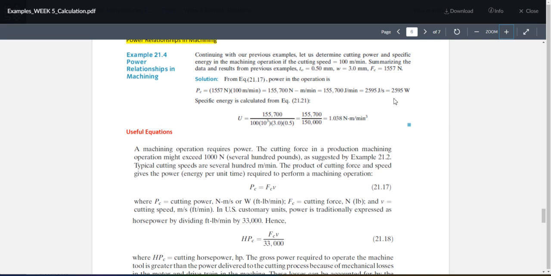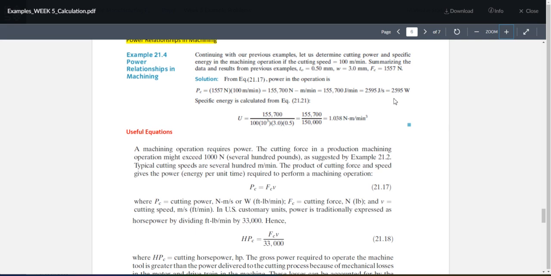Now we finished the first part, and now we need to continue to find the value for the specific energy. The specific energy is about the amount of energy we are going to spend to remove a certain volume of the material during the cutting operation. Okay, so this shouldn't be something hard to think about.